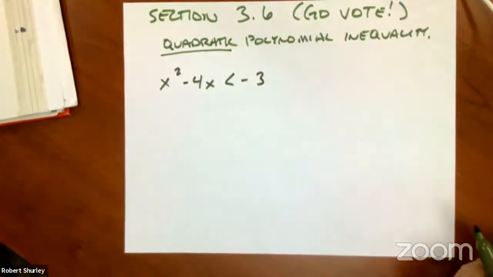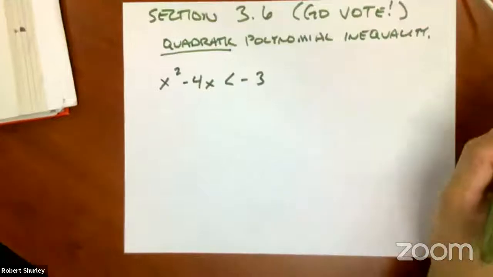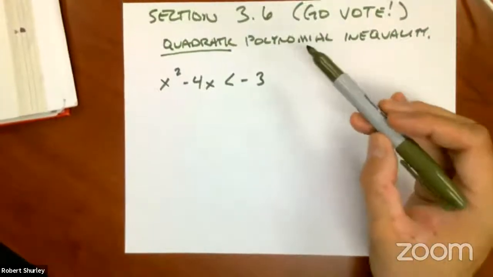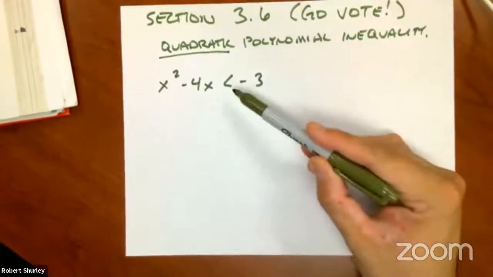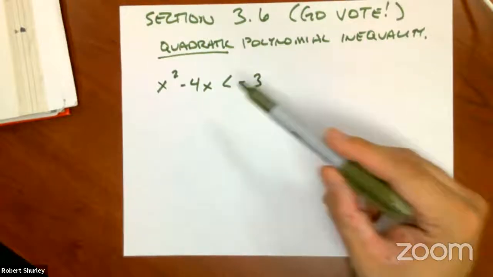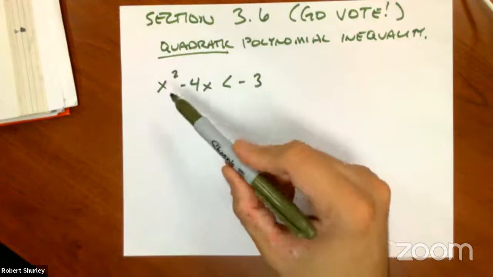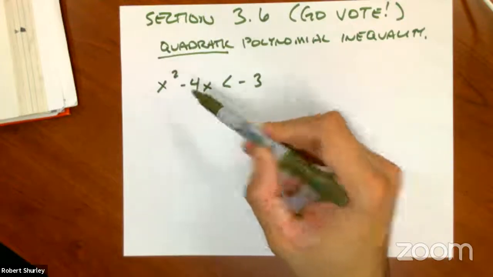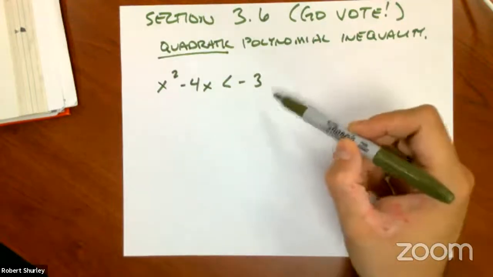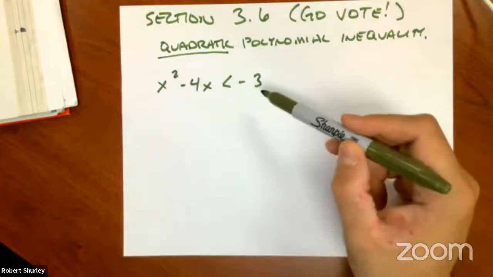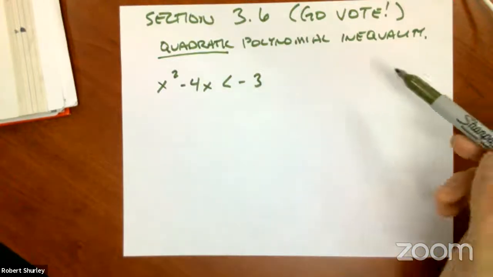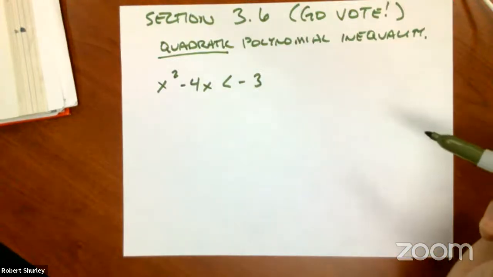Okay, this is like number 6, but I changed it just a little bit. Notice we have an inequality, right? Instead of an equal sign, we have a less than. Notice that this is a quadratic. We've got an x squared going on. That's the highest degree term, and it's a polynomial, right? X squared, 4x, and -3. Those are all okay for polynomial equations.